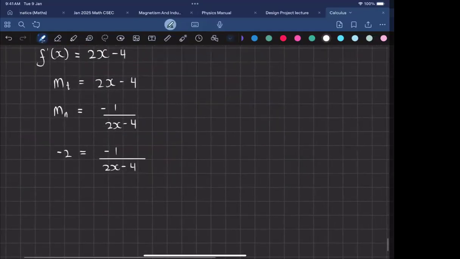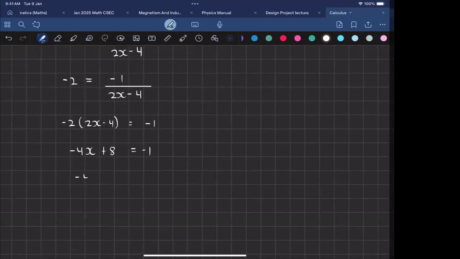And then what we're going to do next, you could cross multiply. And you're going to end up with minus 2 times 2x minus 4 equal to minus 1. So that'll be minus 4x plus 8 is equal to minus 1. You move across the plus 8.